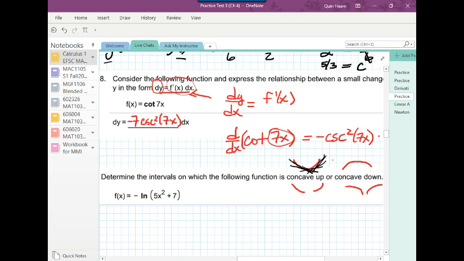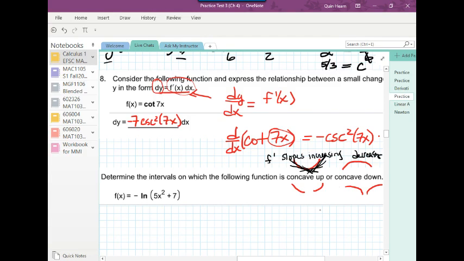It's a chain rule because it's not just the cotangent of x, it's cotangent of some function of x. Okay, so that means that for your final answer, you would put negative 7 cosecant squared of 7x. All right, so one of the easier problems on the test if you understand what they're asking you to do.